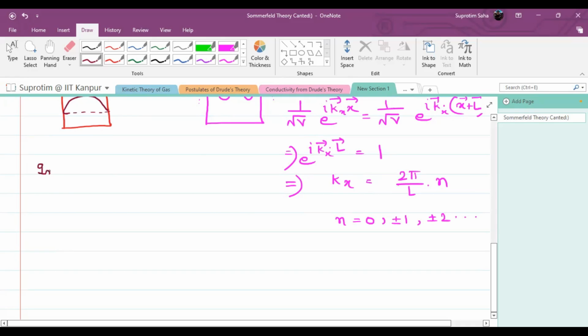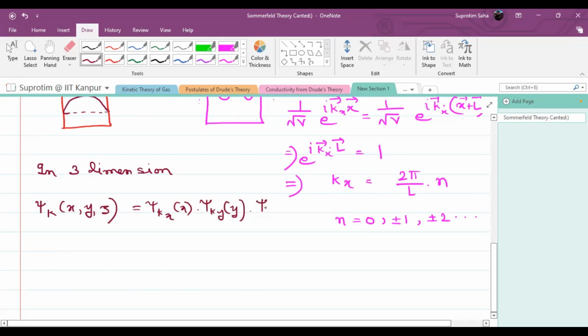Similarly, this is all in one dimension. In three dimensions, the wave function psi_k(x, y, z) can be written as a product of psi_kx(x) times psi_ky(y) times psi_kz(z).